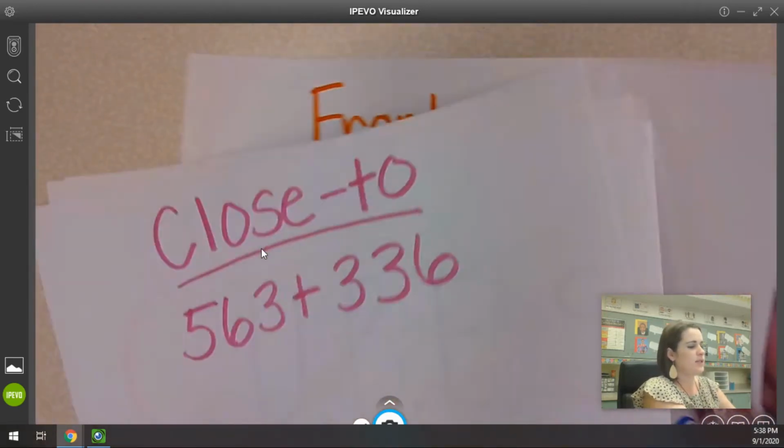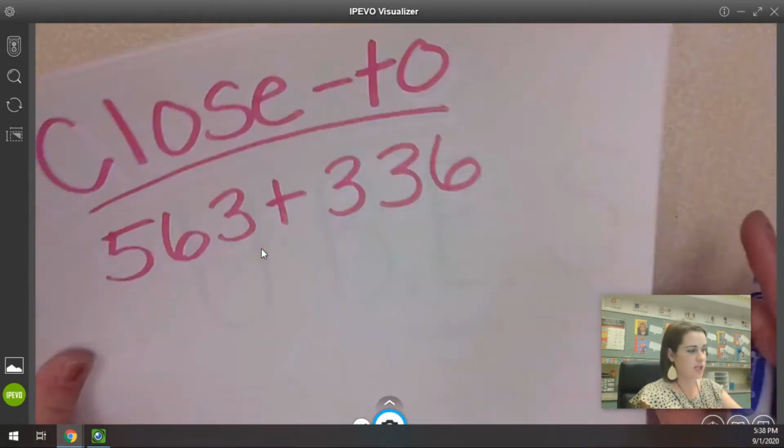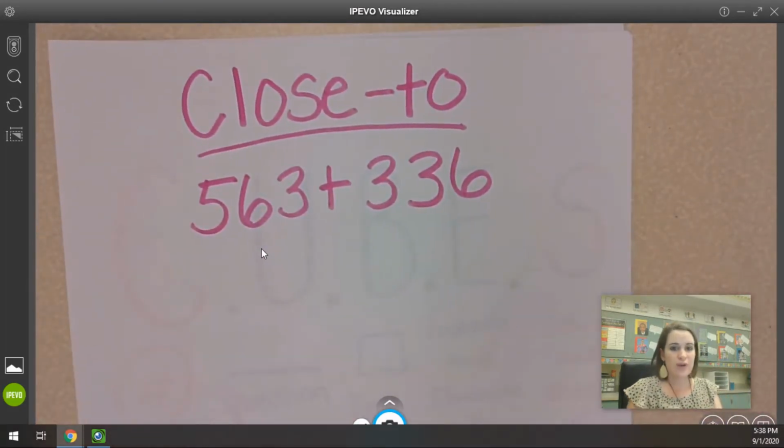Your third one was close to estimation. This is where you find a number that's close to the numbers that you're adding. This is another one like rounding you might use if you were trying to find enough of something.